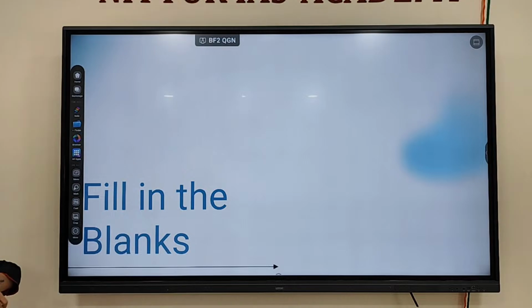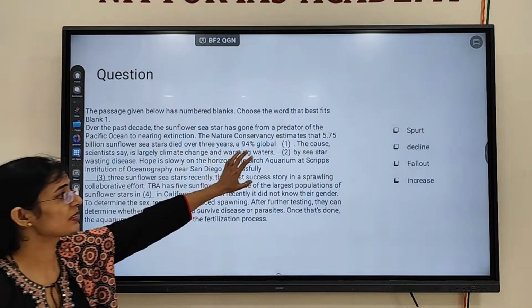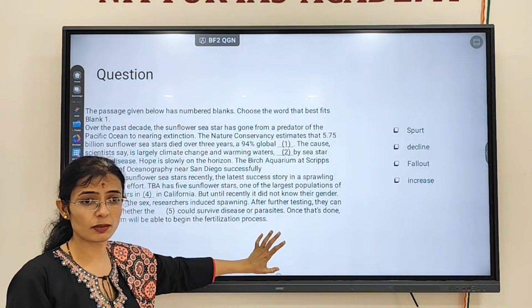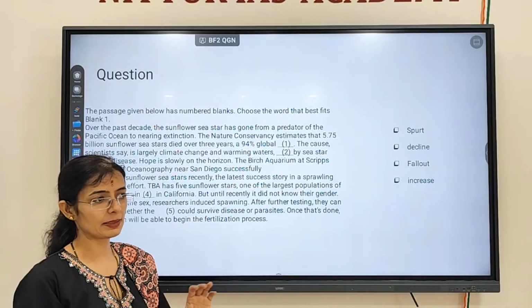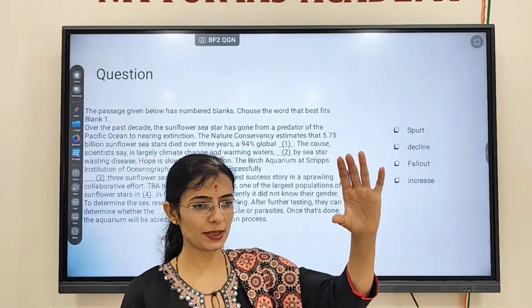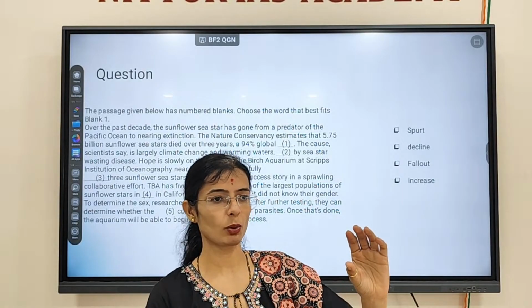Okay, fill in the blanks. Too much. One blank and that much to read. Okay, so they are asking us to fill the blank. Remember, sometimes they'll ask you to fill blank 1 or 2 or 3 or 4, whichever. And sometimes they've given the opening sentence, four sentences, and the closing sentence.